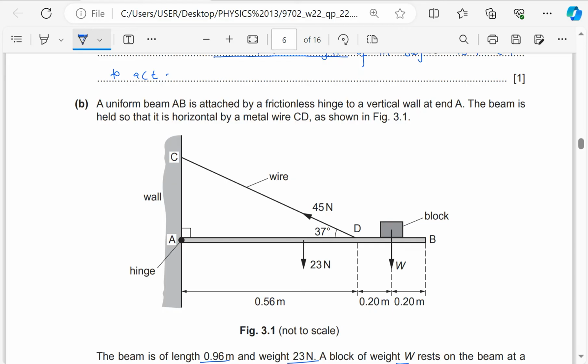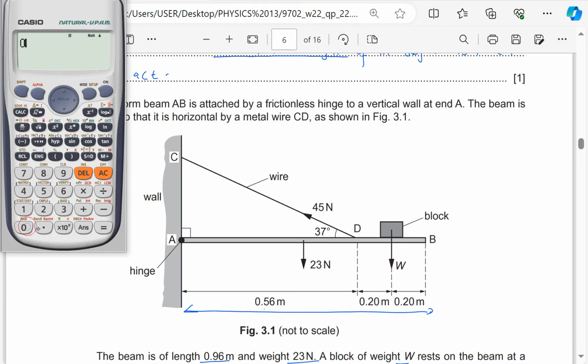So remember, it was a uniform beam. So if the whole of this distance here is 0.56 plus 0.4, which is 0.96, then it implies that I have to divide. Let me check first, my mathematics is not good. 0.4 plus 0.56 plus 0.4, that is 0.96 divided by 2.